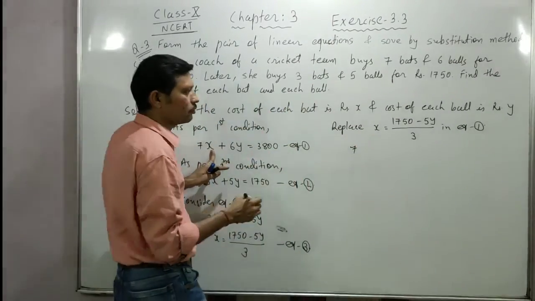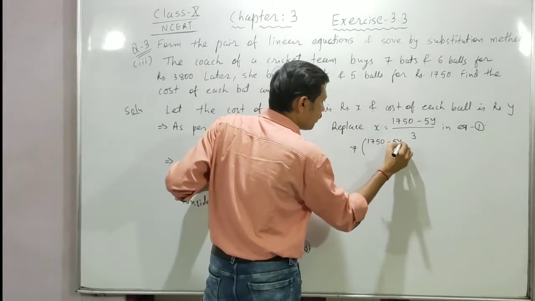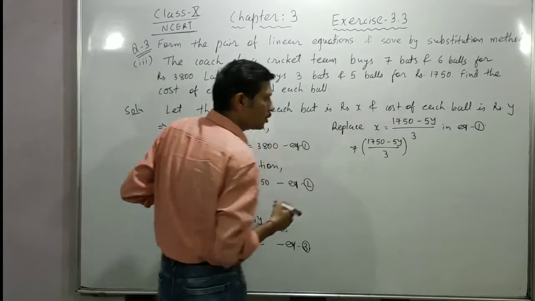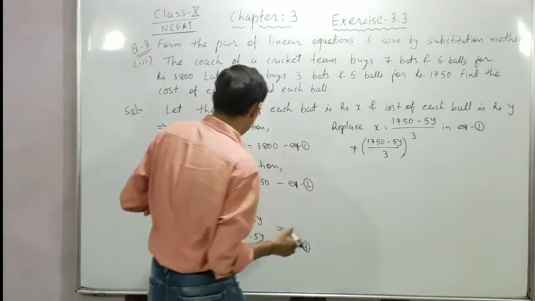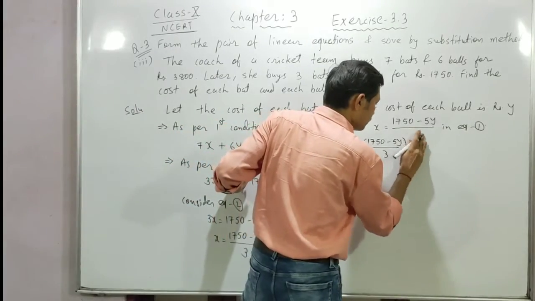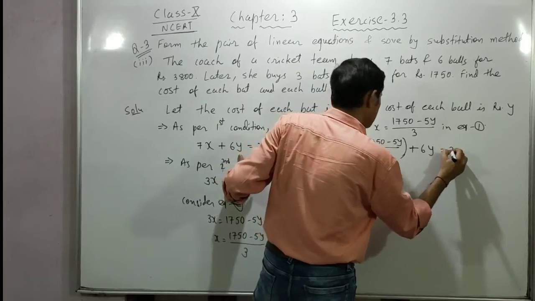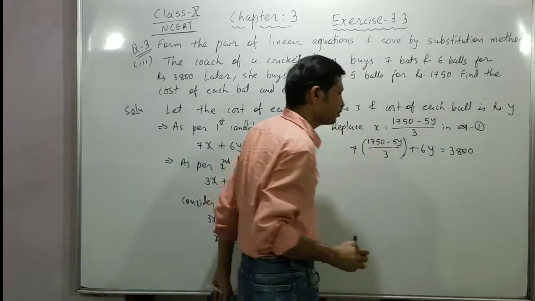In the place of x, we are going to replace 1750 minus 5y upon 3, that's the value of x. So 7 times that, plus 6y, is equal to 3800.